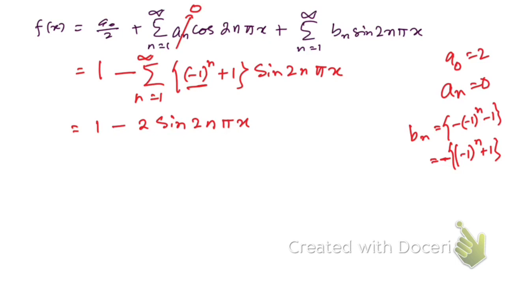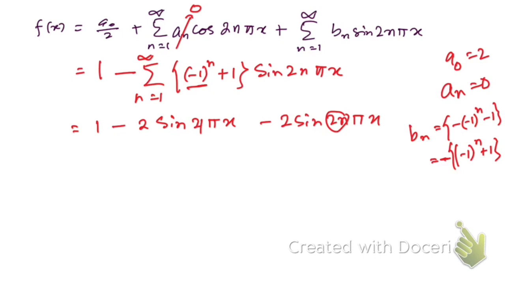So if you put even numbers, once we have put 2, we have got this one. Now let's put 4, 6, 8, and in those cases you're going to have plus 1, so because of this minus sign, again you're going to have minus 2 sine nπx. Then on putting 2 we should get 4, and on putting 4 we should get 8, right?